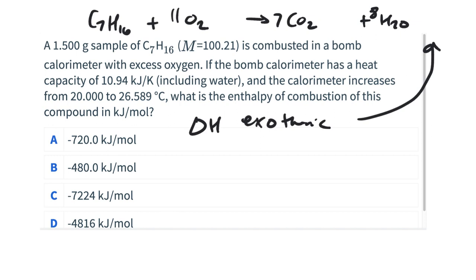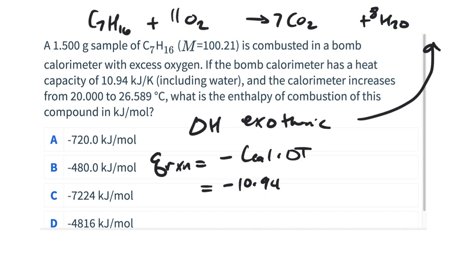Now, how do we solve the problem numerically? Well, we come back to Q reaction, negative heat capacity of the calorimeter times delta T. So that'll be negative 10.94. One of the easiest ways to go wrong in problems is to not write units in. I know most students just don't like to write units, but they help us.